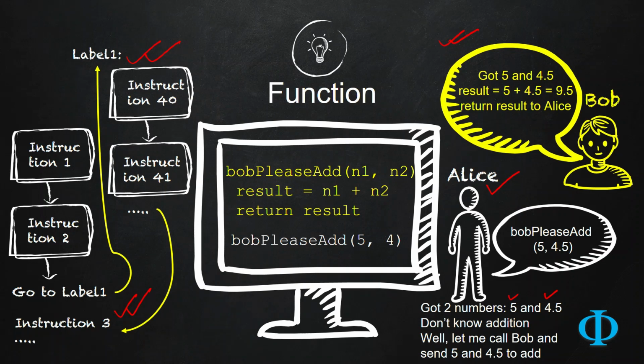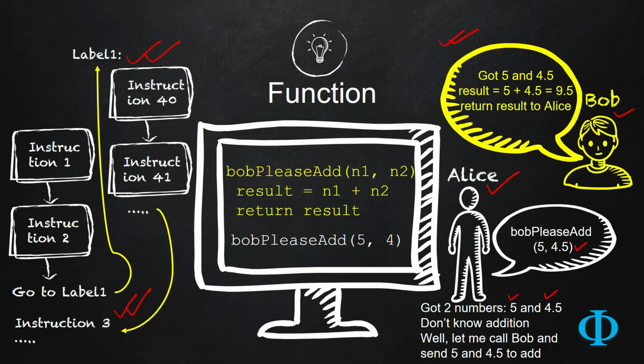But unfortunately, you don't know how to add two numbers, but you know that your friend Bob knows how to add two numbers. So what is your option? What do you want to do now? Well, you can call Bob and tell him, "Bob, please add 5 and 4.5."